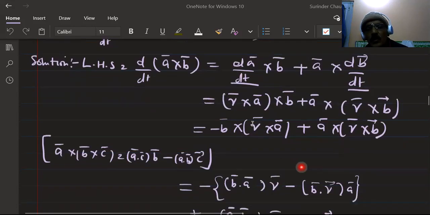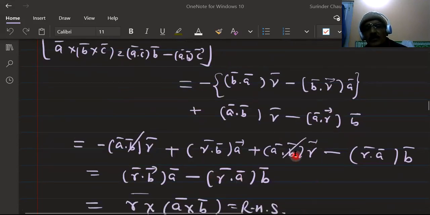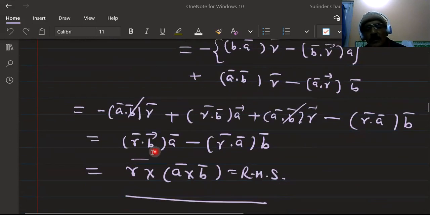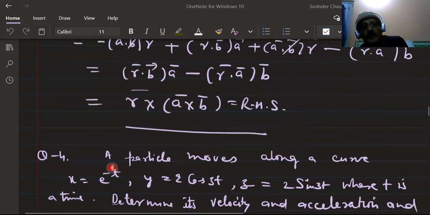Here now use minus of a cross b cross c plus a cross b cross c, both the scalar and vector triple products. So substitute the values. Now the terms will be cancelled. This term cancelled first, and we are left with two terms. Now convert them into a vector triple product of three vectors, which is equal to the right hand side.